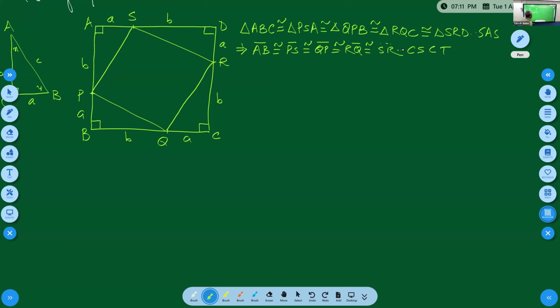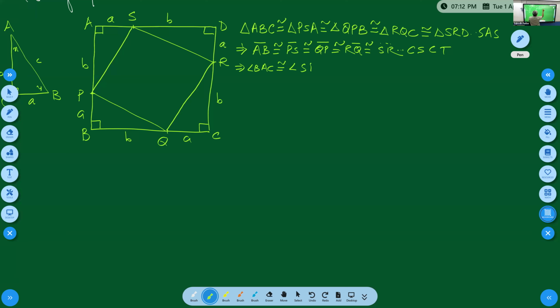Correct. Then we have angle APS, which is angle BAC, congruent with BAC.